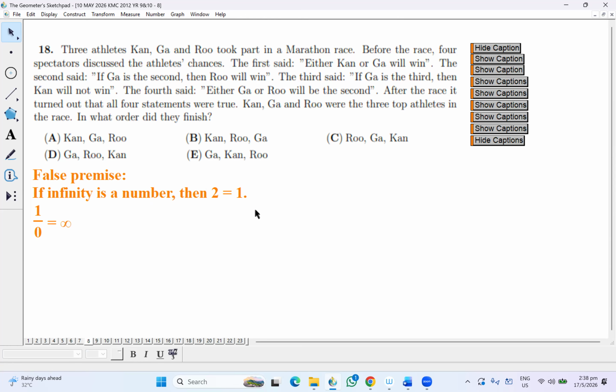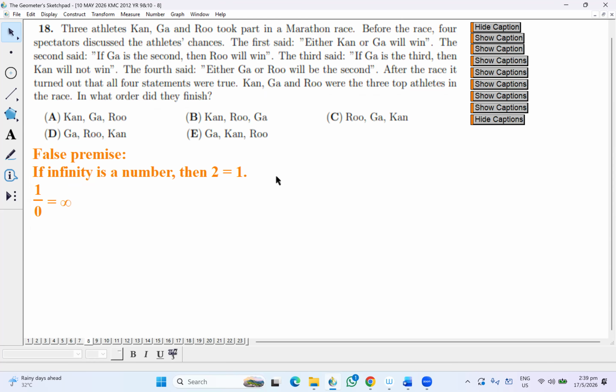Then you say 2 equals 1. Nobody can challenge us. If infinity is a number, 2 equals 1, and here is a proof.